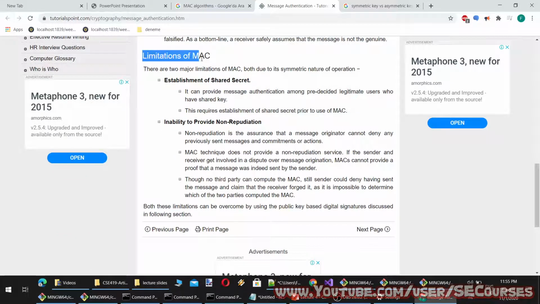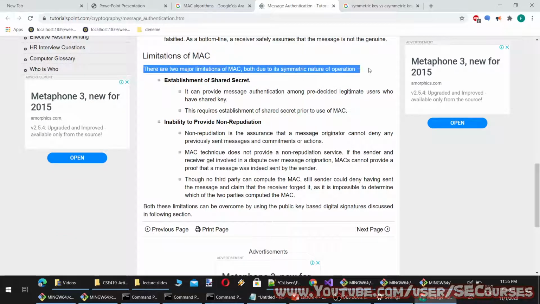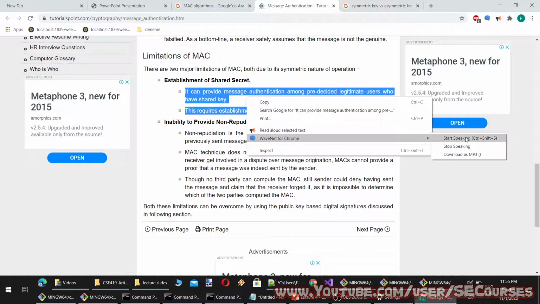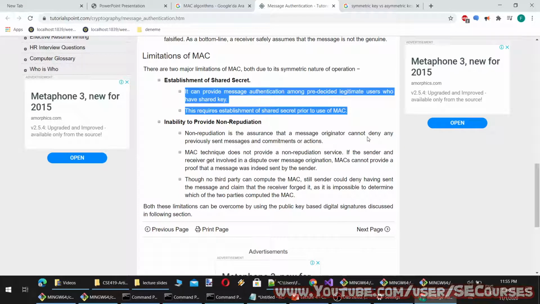Okay, so there are some limitations of MAC, and let's read them. There are two major limitations of MAC, both due to its symmetric nature of operation. First, establishment of shared secret. It can provide message authentication among pre-decided legitimate users who have a shared key. This requires establishment of a shared secret prior to use of MAC.